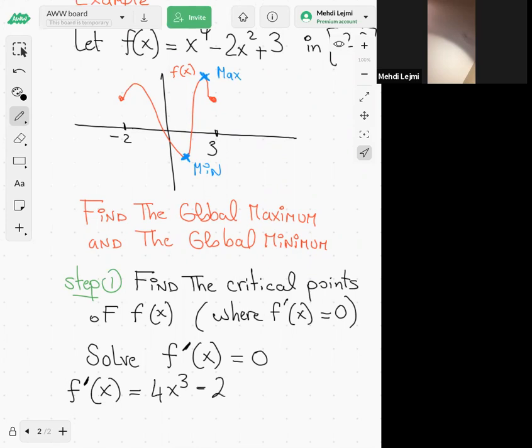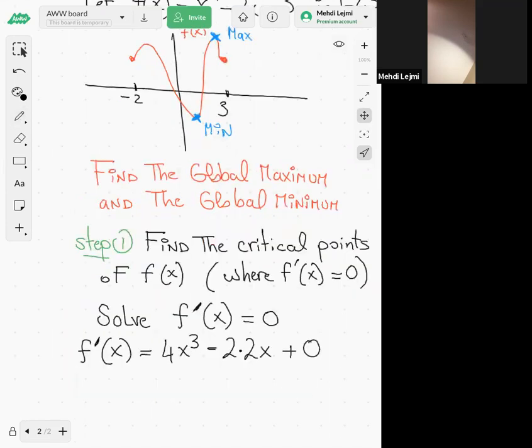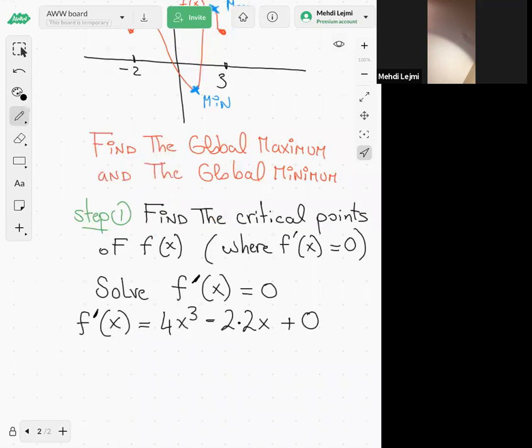We keep the constant 2, times the derivative of x squared, which is 2x, plus 3. The derivative of a constant by itself is 0, right? So your f prime of x is going to be 4x cubed minus 4x. And again, we have to solve f prime of x equal to 0.